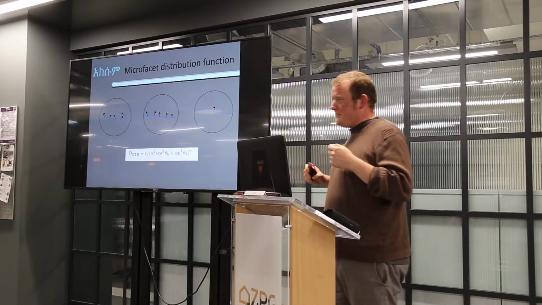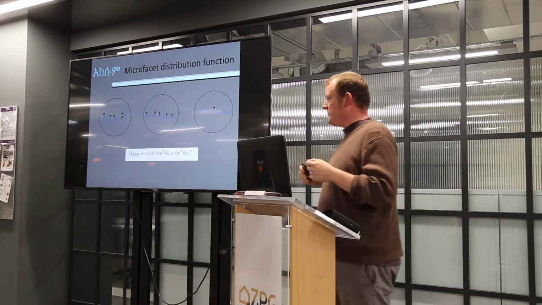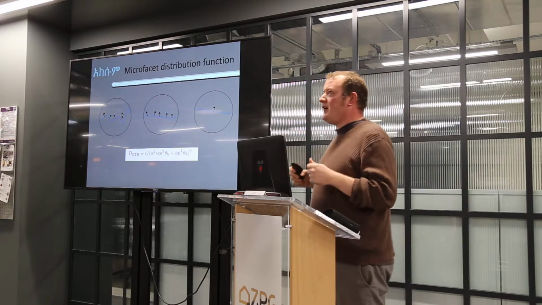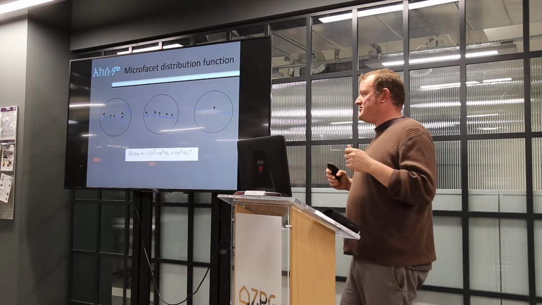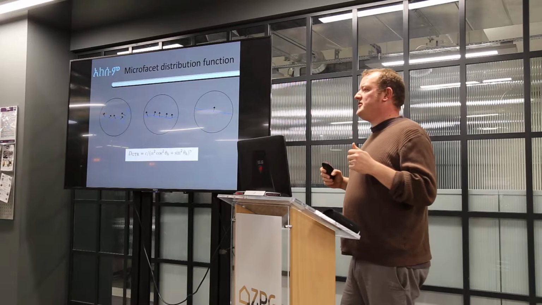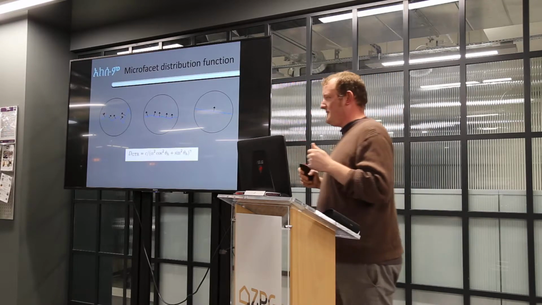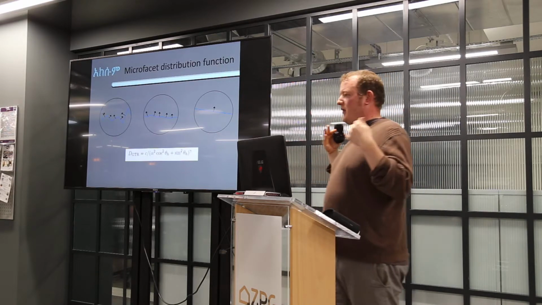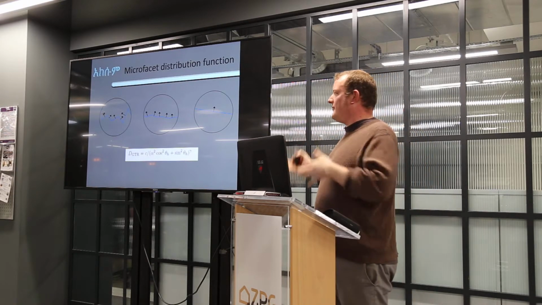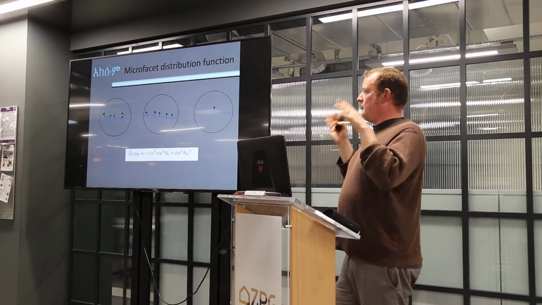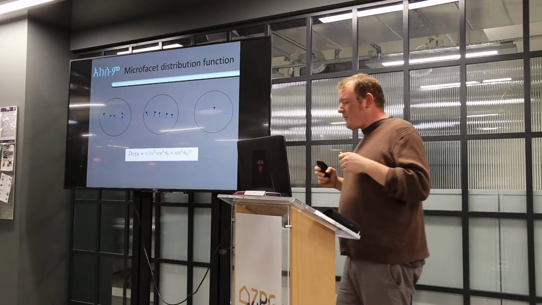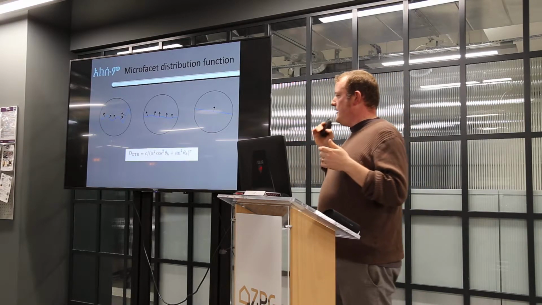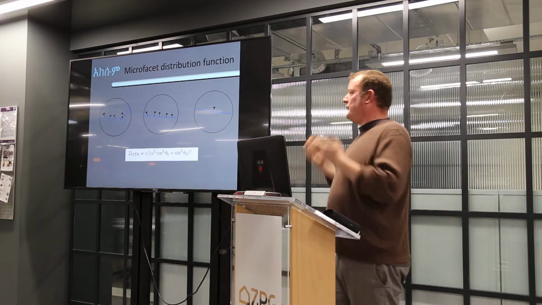What the Disney people decided to choose was the generalized Trowbridge-Reitz method, if I'm remembering it correctly, which is a statistical method of coming up with an equation that represents the behavior of light when it hits the surface. And the key point here is that it has this alpha value which represents the roughness of the surface.